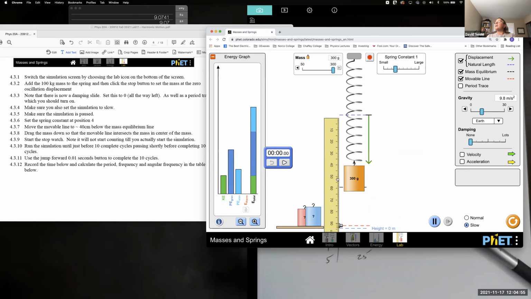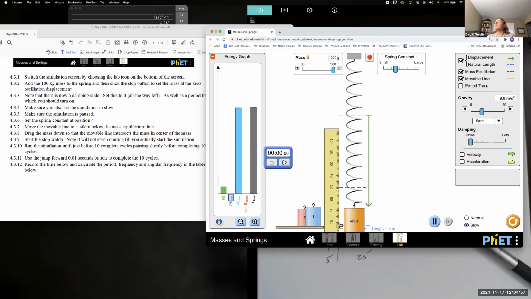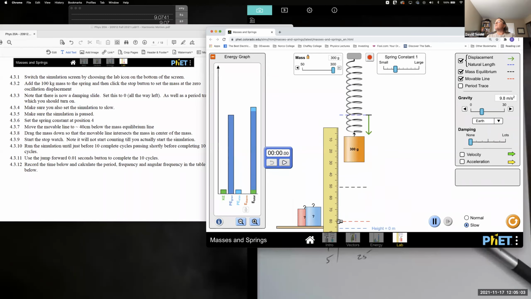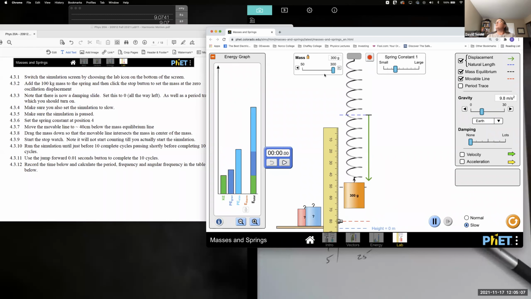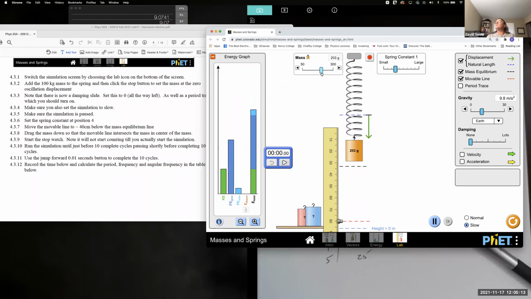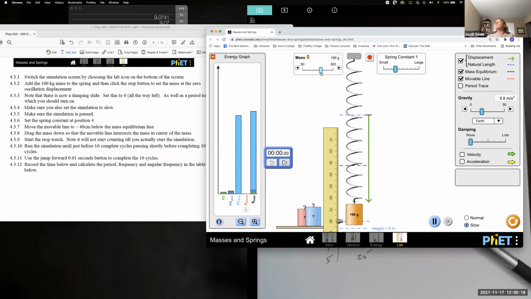So I'm going to set it at 50 here, and I'm just going to subtract 50. So it looks like I can only get it to about 30 below for the 300 gram. But if I do the 100, I can get it to 40 below. Here's my 200 right here. So I'll do 200 and 40 below.